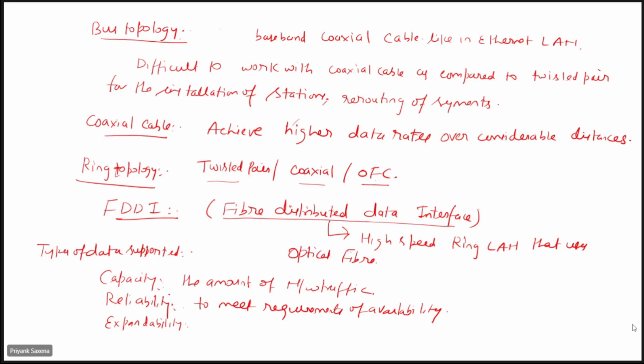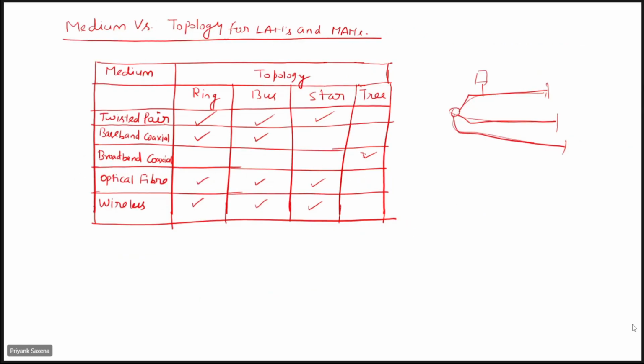And it supports different types of data also, right? So if I have to say which topology is suitable for which type of transmission media, you can see that at the left side I have a transmission media, and at the right side I have a topology.